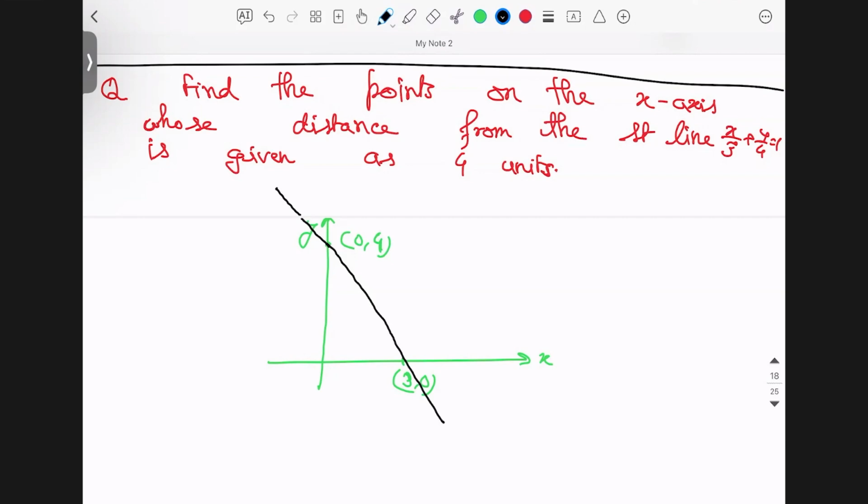Okay, so this is our straight line, and we need to find all those points on the x-axis whose distance to the straight line will be 4 units.